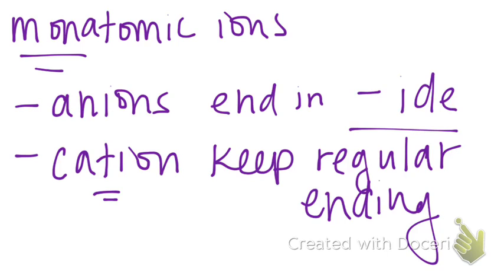All right, so now we know how to name them individually, super easy. Now we're going to put them together. Okay, we're going to see how do we name them when we've got 2 different atoms put together. Okay? These are called binary compounds. Why do you think they're called binary compounds? Okay, what does bi mean? Yeah, it just means 2.